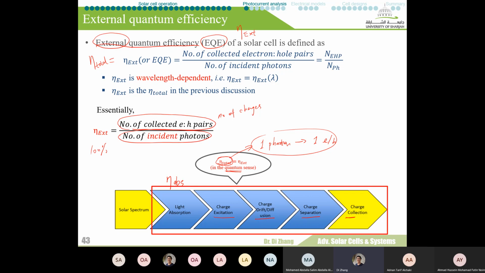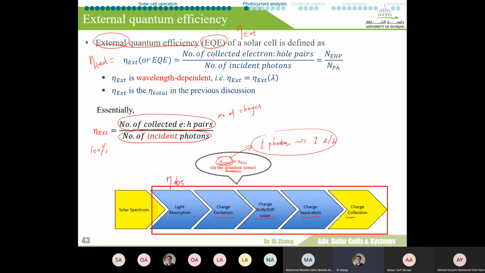You will be able to convert from one photon to one electron and hole pair, and later you are able to separate it, and finally they become free carriers, and they will be collected by the external electrodes, and they can go through the circuit. So this is the best case. Typically you cannot do better than 100%, and even 100% is very difficult to achieve in solar cells. But this is typically the theoretical limit.